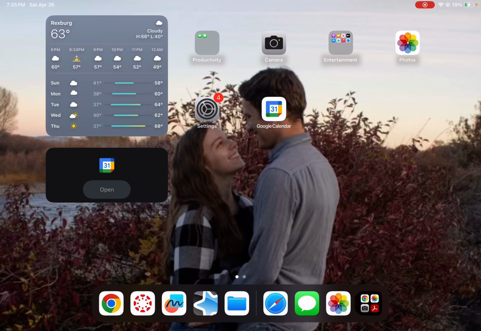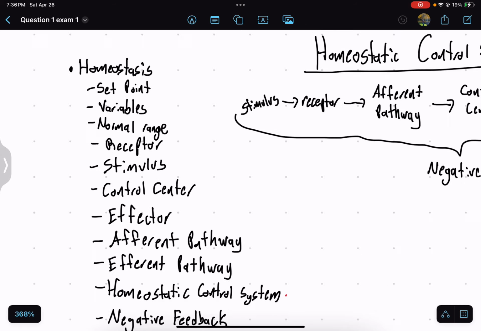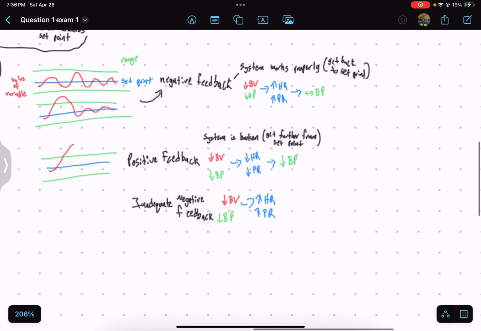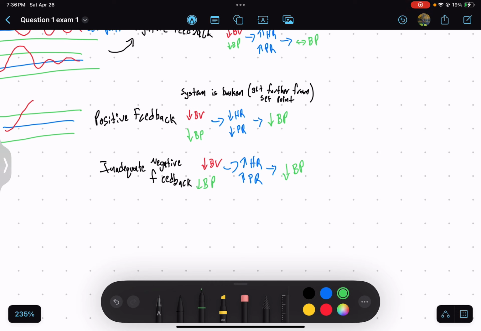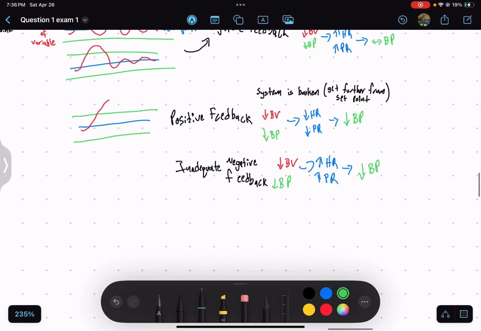But our blood pressure is going to still remain low because the stimulus is too strong or the heart rate and peripheral resistance isn't strong enough, causing that blood pressure to not rise back up. Meaning it's inadequate. It's not sufficient enough.